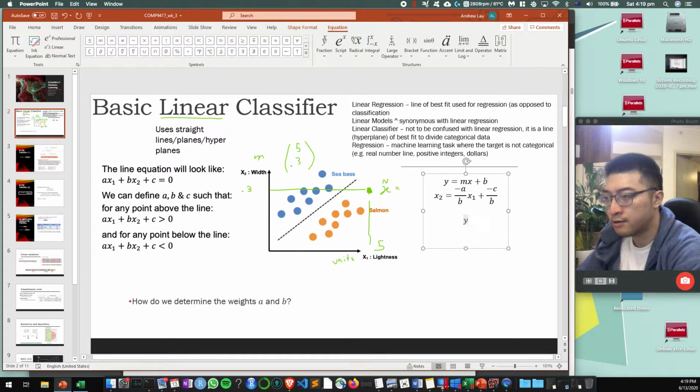So what is our y hat? And again, hat means prediction. So how do we use this to predict?